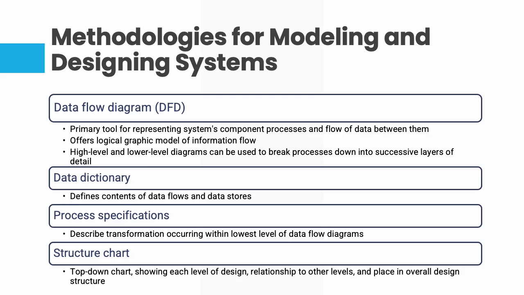And so all these tools work together like different types of maps and guides. They will help us design systems that are organized, clear, and efficient. Okay. And these tools will make sure that we don't get lost while building complex software.